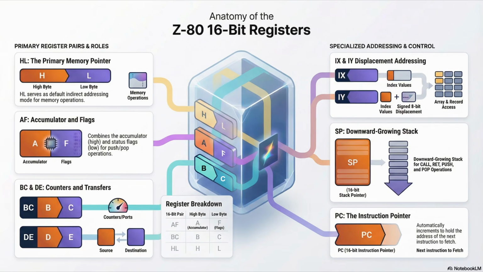The stack pointer and program counter. The stack pointer is a dedicated 16-bit register that the Z80 uses for call, return, push, and pop operations. The stack grows downwards, decrementing the SP register.